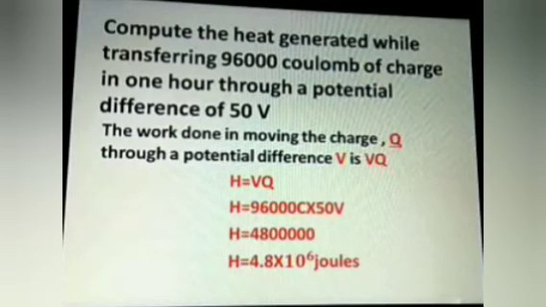So, W is equal to VQ. Here, work done is the heat energy developed in the conductor. So, H is equal to VQ, and H is equal to 96,000 coulomb into 50 volt. So, the answer is 4.8 into 10 raised to 6 joules.